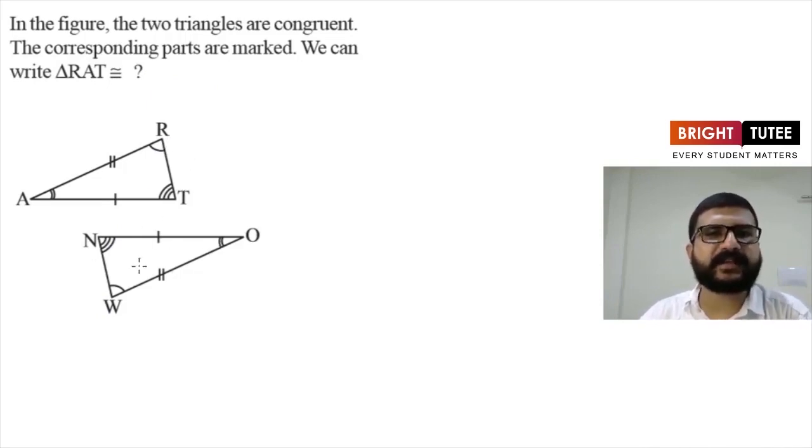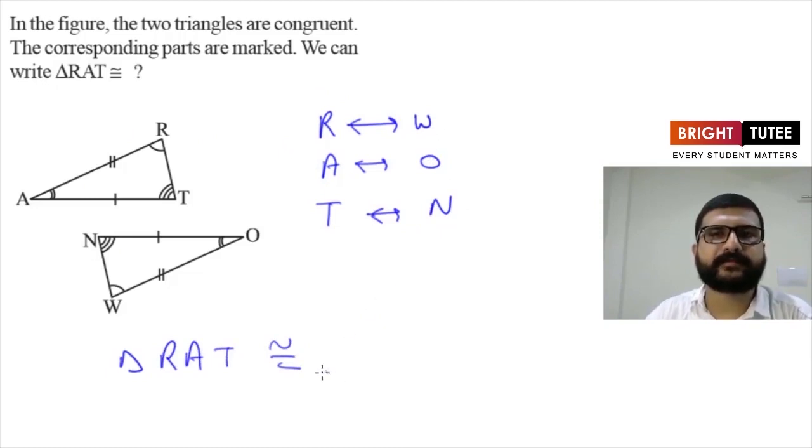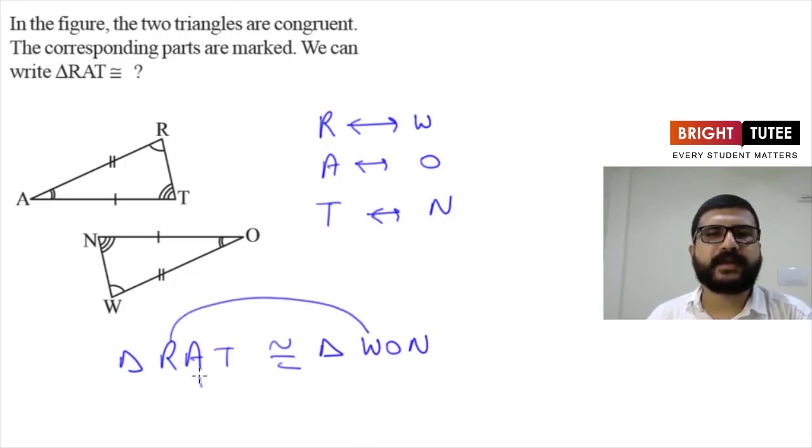Here angle R is equal to angle W, so vertex R corresponds to vertex W. Angle A is equal to angle O, so A corresponds to O. Angle T is equal to angle N, so vertex T corresponds to vertex N. So we can write triangle RAT is congruent to triangle WON, because R corresponds to W, A corresponds to O, and T corresponds to N. This is how we can complete the congruency relation.